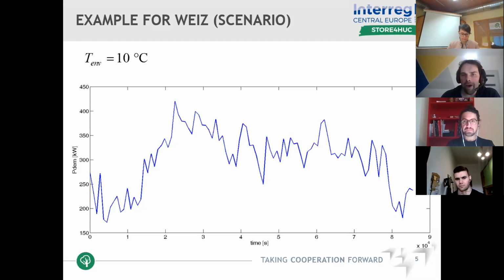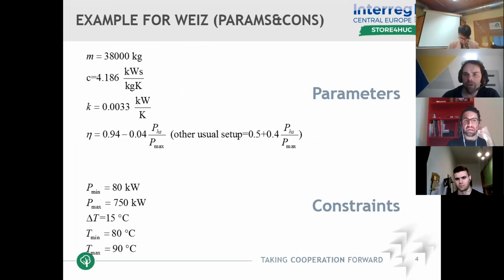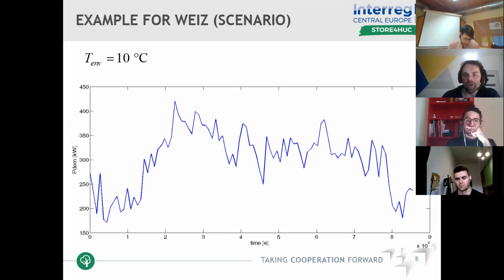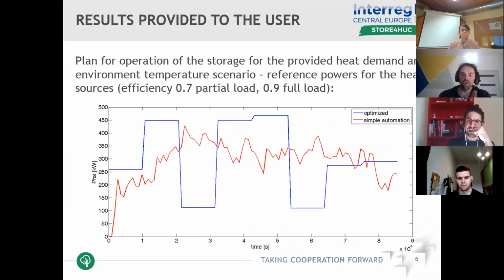So now come actually the calculations. Once we have entered the parameters, constraints for this heating system and the scenario for its usage, now come the results. So the results I am providing you here are the following.